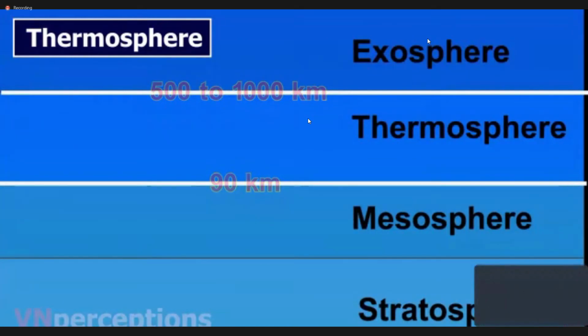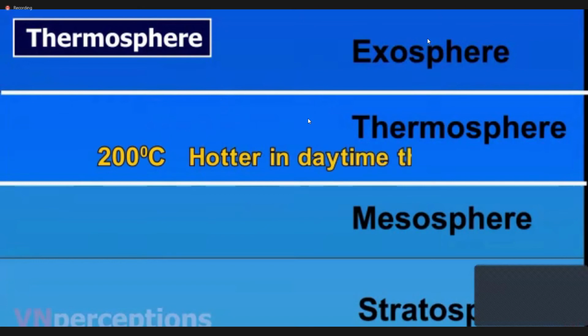Solar activity strongly influences temperature in the thermosphere. The thermosphere is typically about 200 degrees Celsius hotter in the daytime than at night, and roughly 500 degrees Celsius hotter when the sun is very active than at other times.